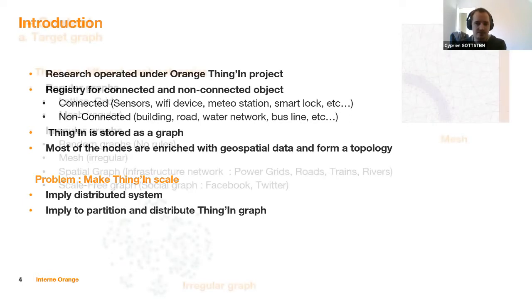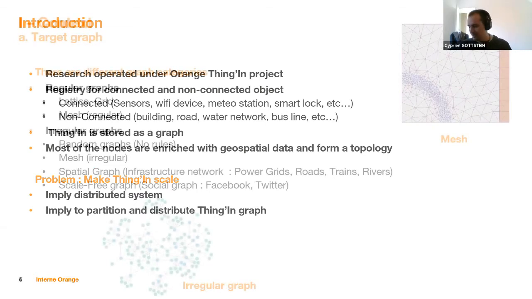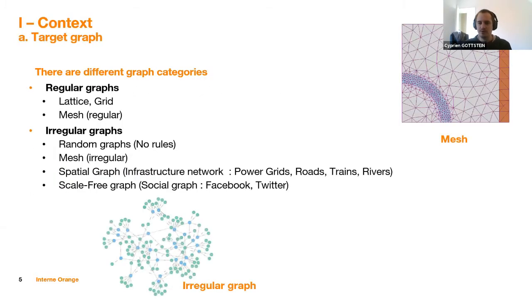There are different types of graphs. There are regular graphs, for example lattices, grids, and meshes. You have an example of a mesh on the top right of the slide. And irregular graphs, such as random graphs with no rules at all regarding their construction, meshes in the irregular form, spatial graphs.